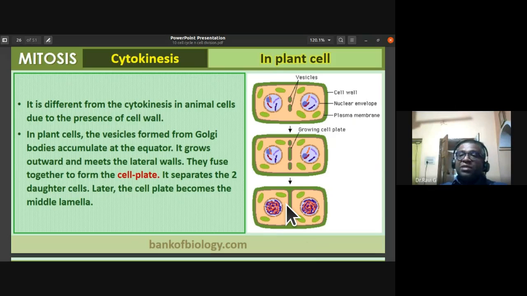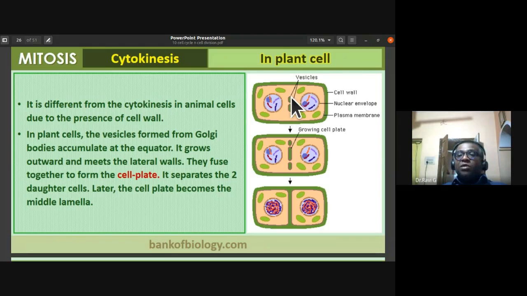In animal cells, it was just the furrow formed during telophase that deepens and meets at the center. That itself forms the cross wall, which divides the cytoplasm into two and forms two daughter cells. That is in the case of animal cells.